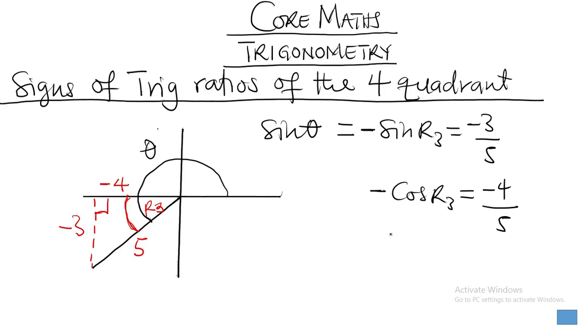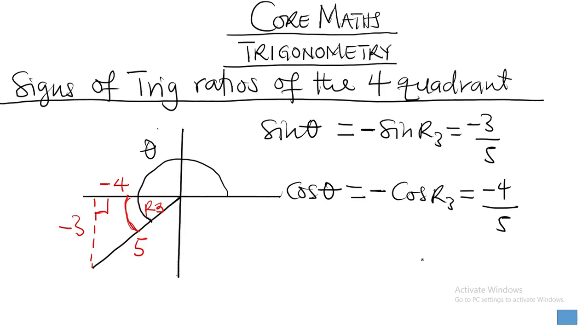So negative cos R3, and this is the same as cos theta. So in the third quadrant, cos theta is negative. I hope you are following. So the cos theta of the principal angle is the same as the negative cos of its reference angle. So you have to take note of this relation.